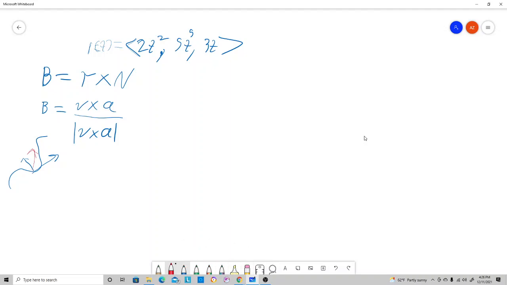Because earlier I said we were going to do torsion, I'm going to stick with this formula, because we don't have the tangential unit vector and we don't have the normal.